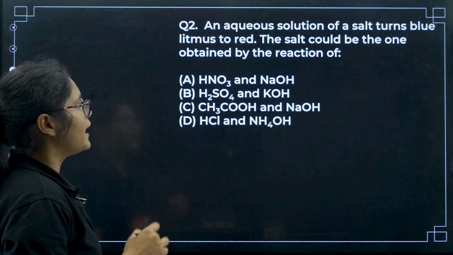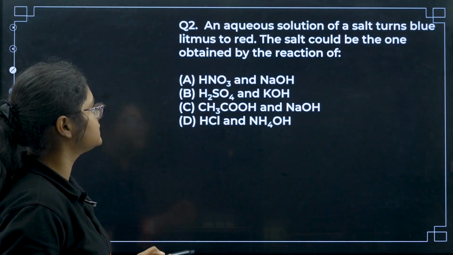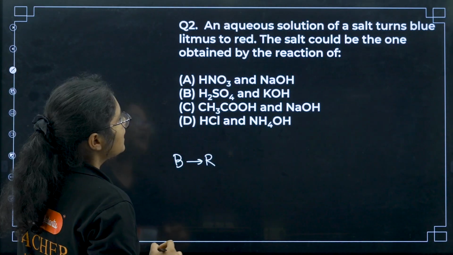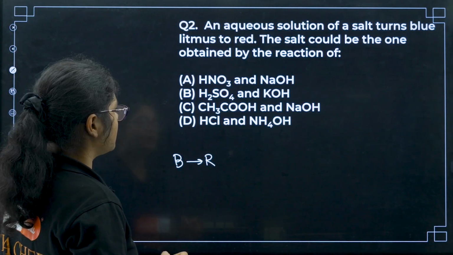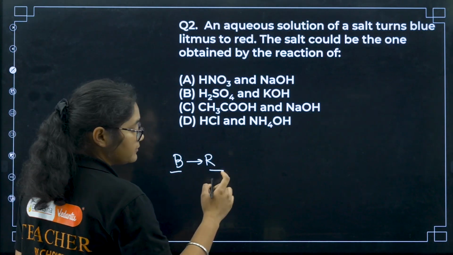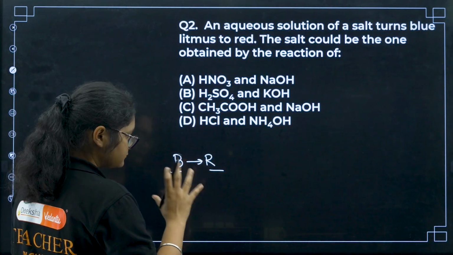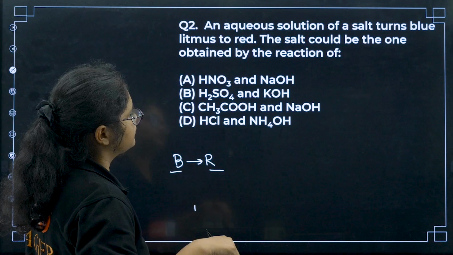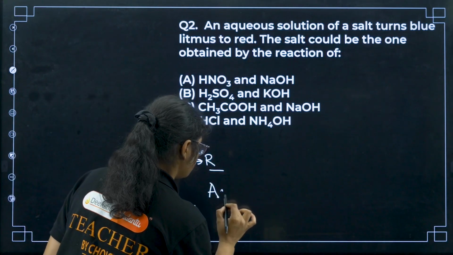Next, an aqueous solution of a salt turns blue litmus to red. Now the salt could be the one obtained by the reaction of... Okay, if it is turning blue litmus to red, that means the salt in the aqueous solution must be acidic in nature.